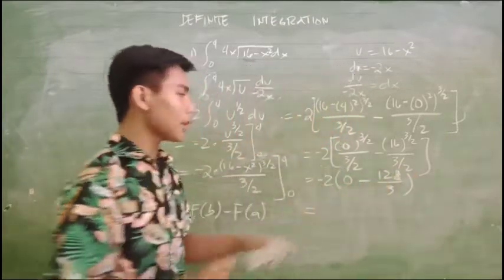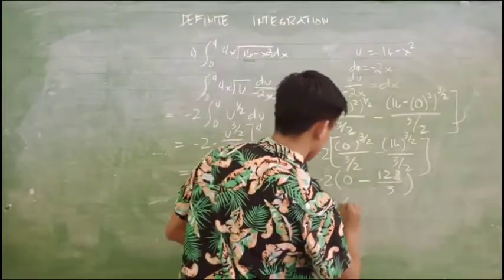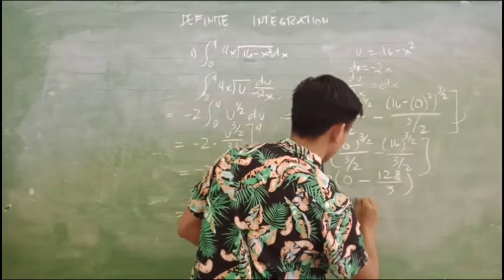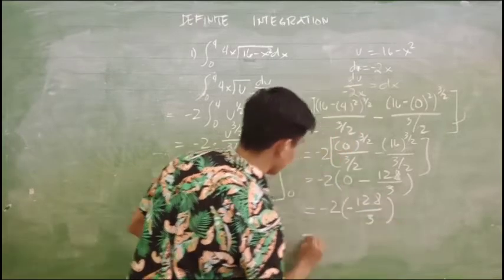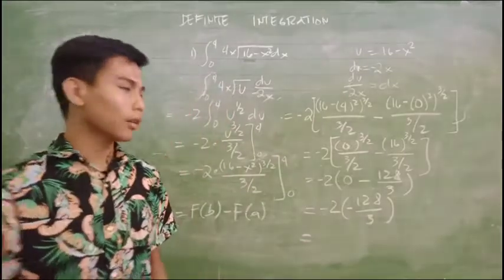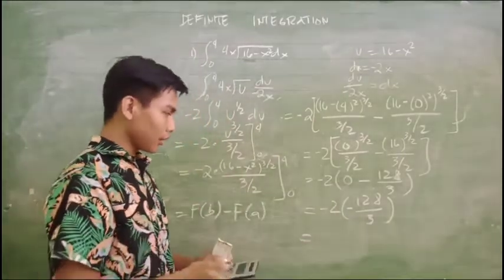So subtract the inside parentheses. 0 minus 128 over 3 is negative 128 over 3. And then for the final answer, you have to multiply negative 2 to negative 128 over 3.